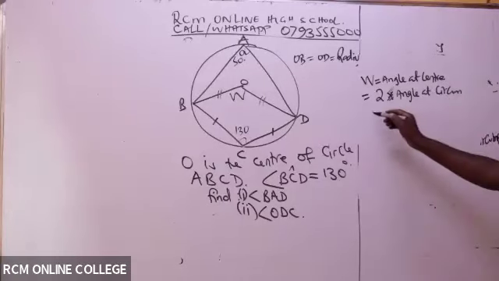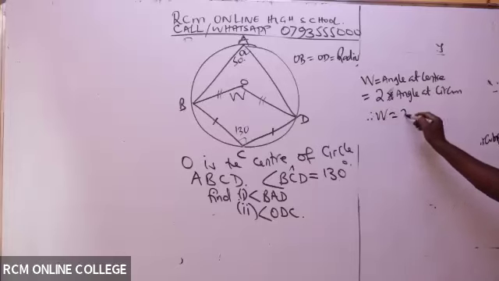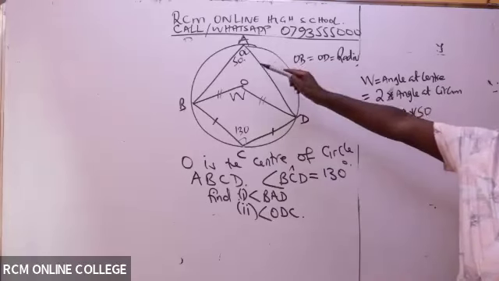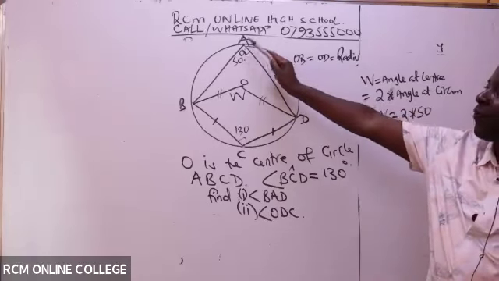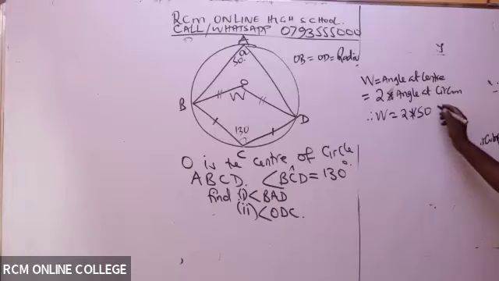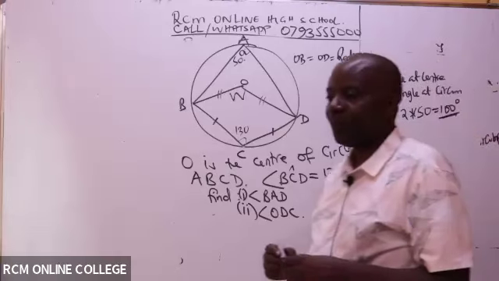So W will be equal to twice the angle at the circumference, which is 50. We have already said A is 50. This angle at the circumference, like that, is 50. So this will be 2 times 50, which gives me 100 degrees.